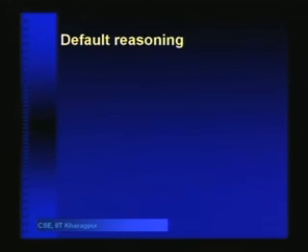Now, default reasoning is a paradigm where we make some default assumptions about some facts. For example, if you see a car and you can see two wheels from this side, then by default you can infer that there are two other wheels on the other side.